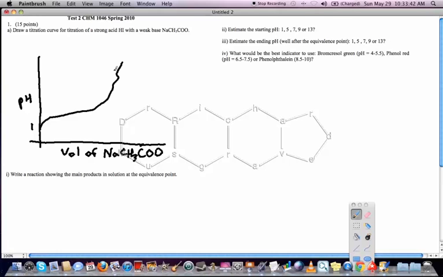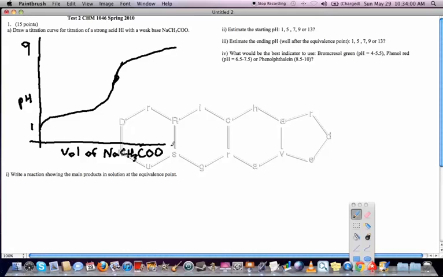We're going to draw our curve, and it's going to look something like this. And the pH will end up at the pH of the weak base, which is going to be a pH of about 9. That's what we're going to put there.